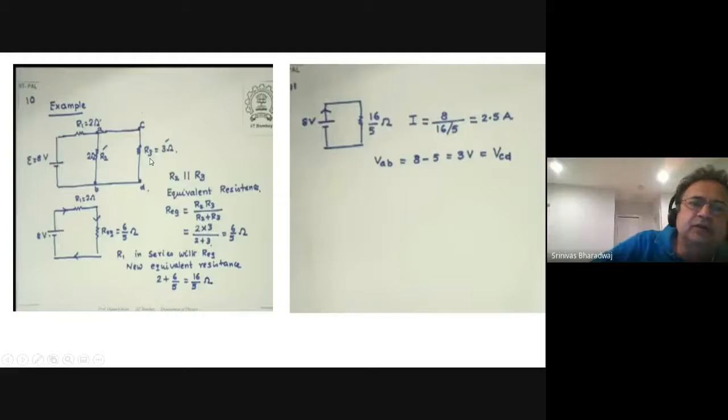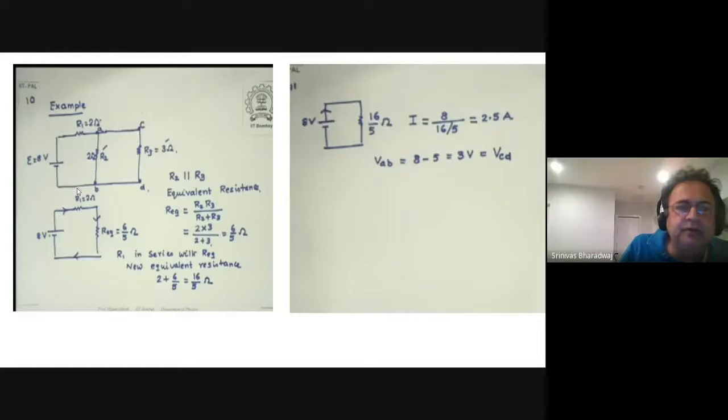The equivalent resistance of 2 and 3 is 2 times 3 divided by 2 plus 3. 2 times 3 is 6, 2 plus 3 is 5. Therefore, the equivalent resistance is 6 by 5, right? So this is currently 2, right? So the effective resistance between this point and this point is 2 plus 6 by 5. It is 16 by 5, right?